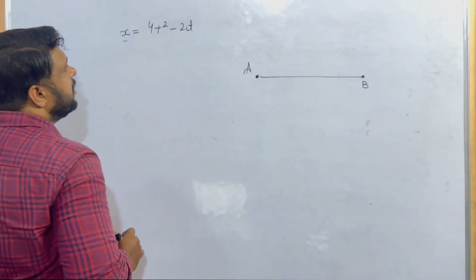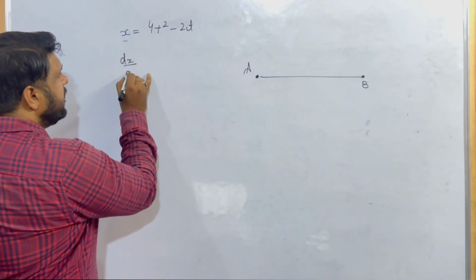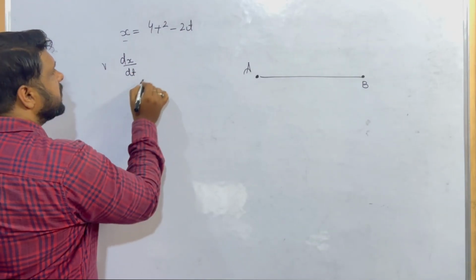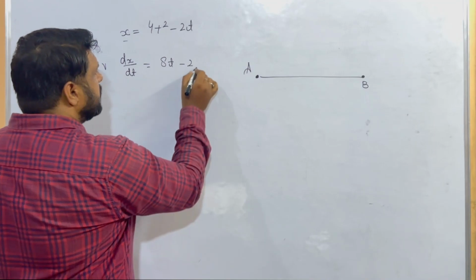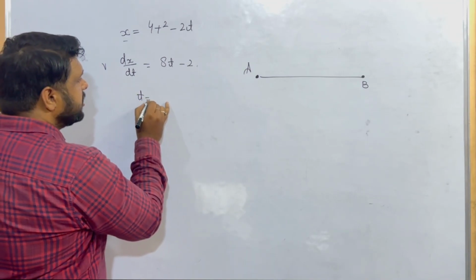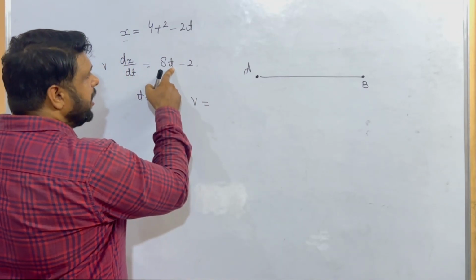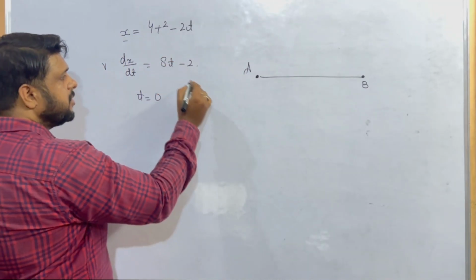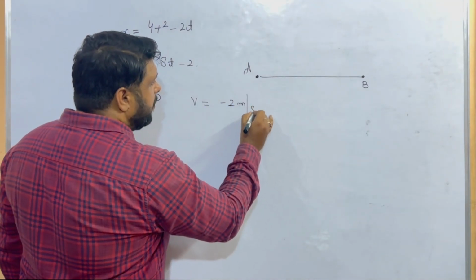Now this is displacement. Let's find dx by dt, that is your velocity. Velocity will be equal to 8t minus 2. Now let's say at t is equal to 0, when I put 0, this portion becomes 0, so velocity is minus 2 meter per second.